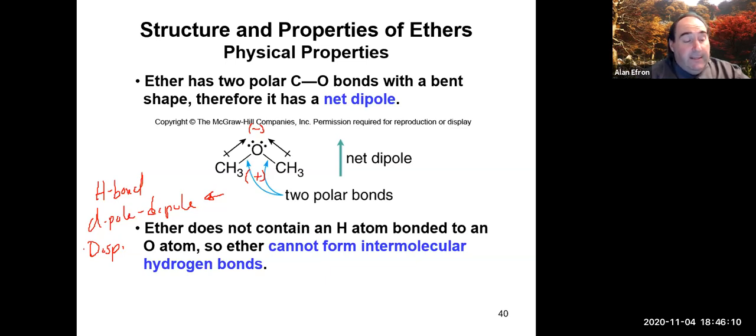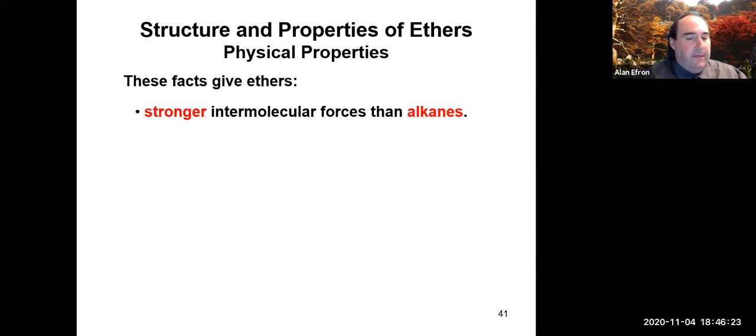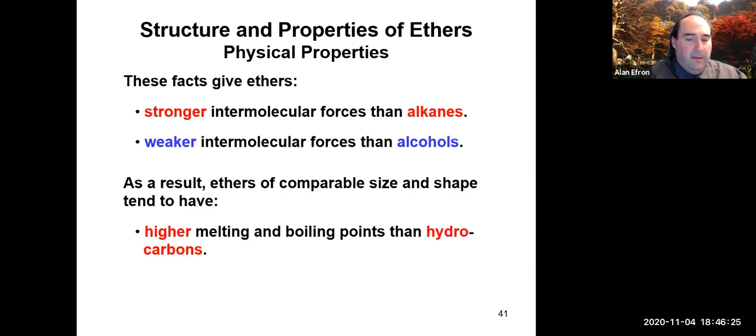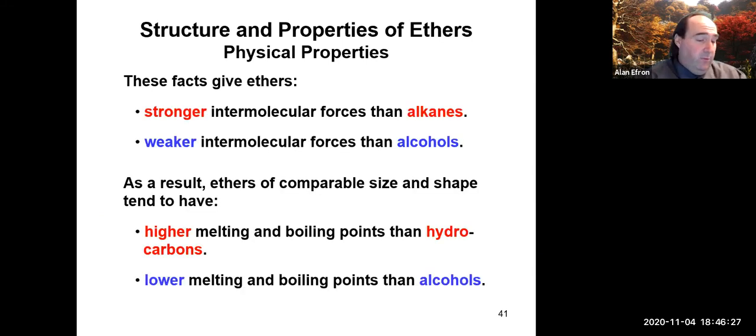In terms of boiling point, we would expect the ethers to have a lower boiling point than alcohols, because alcohols have the ability to hydrogen bond. Alkanes would have the weakest. So we would have alkanes, then ethers, then alcohols, in terms of higher boiling and melting points.